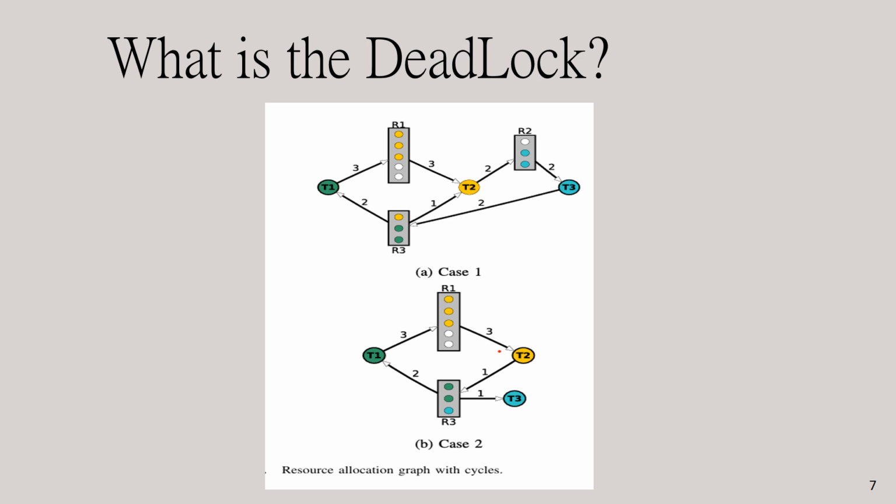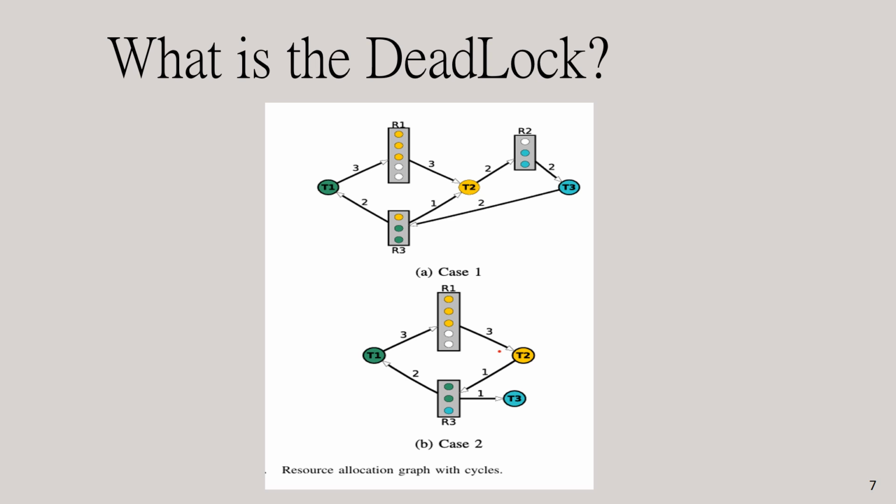Case 2, no deadlock. There are 2 resources and 3 transactions. T1 holds 2 instances of R3 and waits for 3 instances of R1. T2 holds 3 instances of R1 and waits for 1 instance of R3. T3 holds 1 instance of R3 and does not wait for any resource.